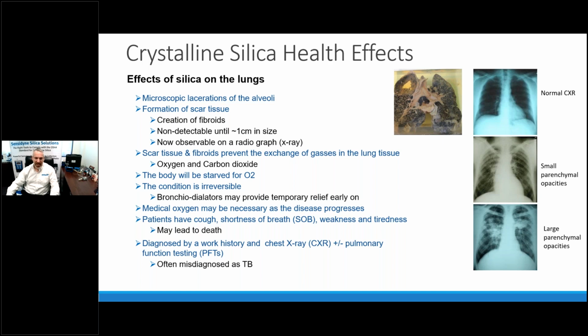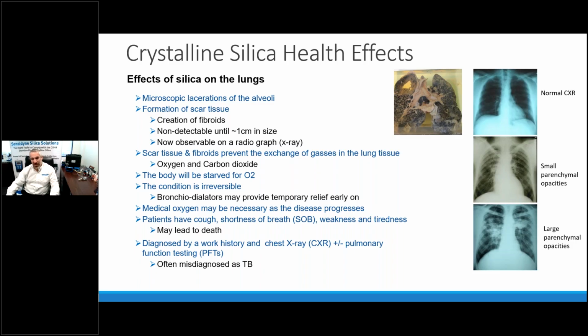Patients typically have a cough and shortness of breath. They exhibit weakness and tiredness, and it can lead to death. Early diagnosis can be through a good work history, as well as chest x-rays, pulmonary function tests, and spirometry.